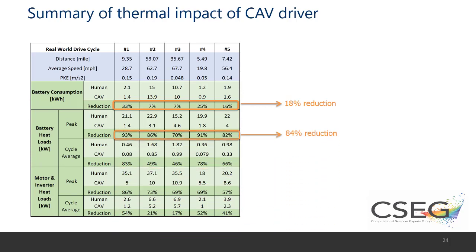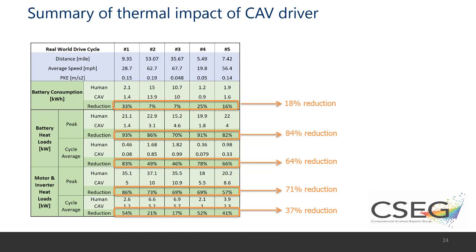But when you look at the heat loads, you would notice a drastic reduction, almost 60 to 80% reduction in battery heat loads, and the peak motor and battery heat loads have been reduced by quite a bit. And this is primarily because of the reduction in currents and accelerations of the vehicle.